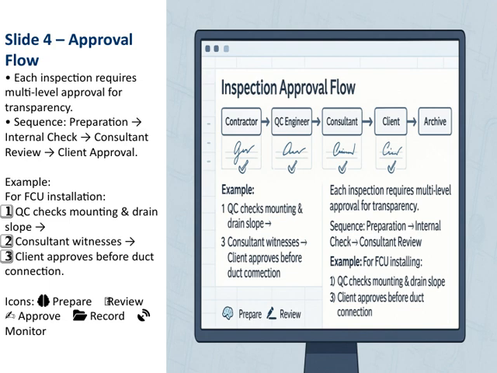Throughout this process, we use specific icons to symbolize each step: a brain for preparation, an eye for review, a pen for approval, a folder for recording, and a satellite for monitoring. This systematic approach helps us maintain high standards and ensures everyone involved is aligned from start to finish.